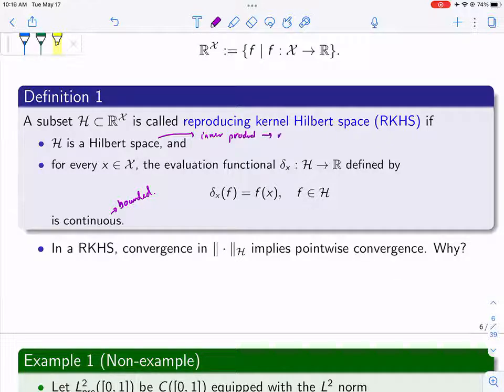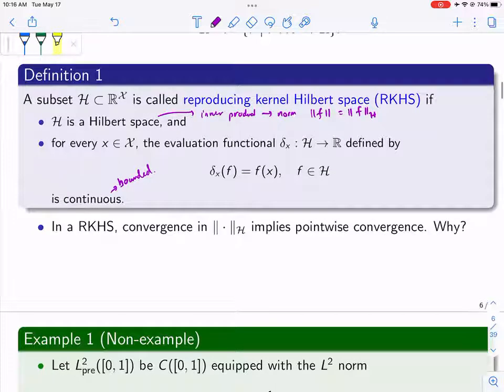Hence there's a norm. Sometimes I just write this, or I can write something like this to emphasize) so the second property, B, basically implies that convergence in the Hilbert norm is stronger than pointwise convergence. So if a sequence of functions converges in the Hilbert norm, then it converges pointwise.